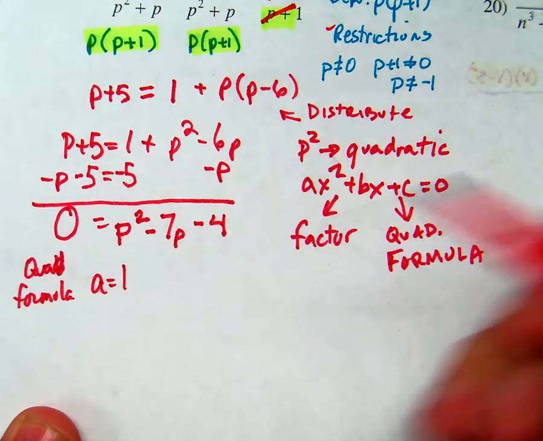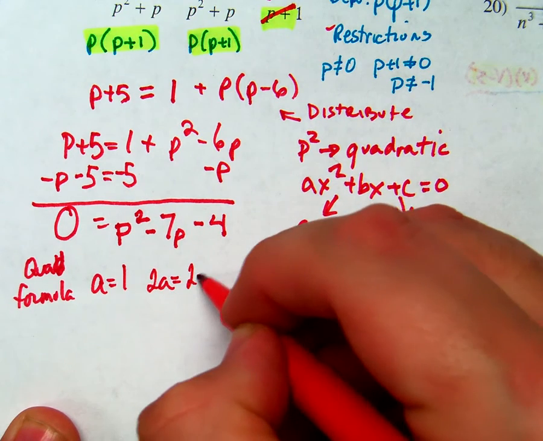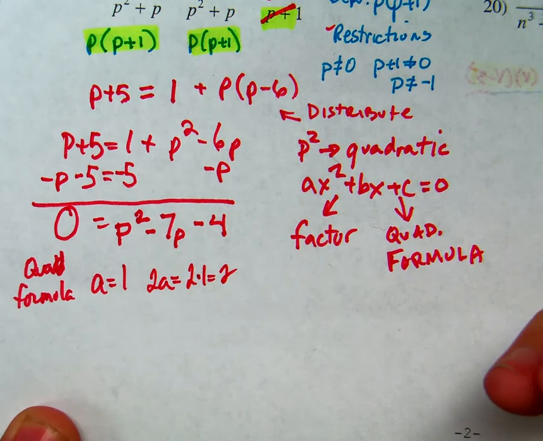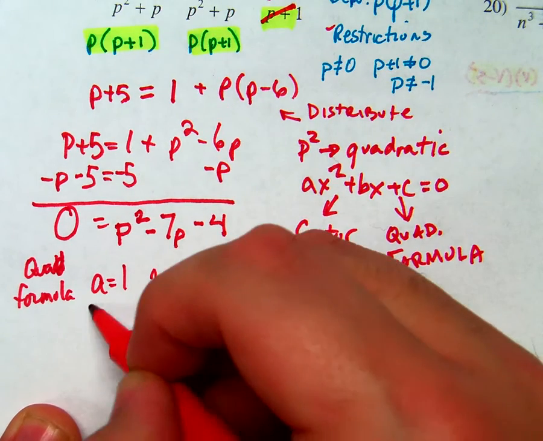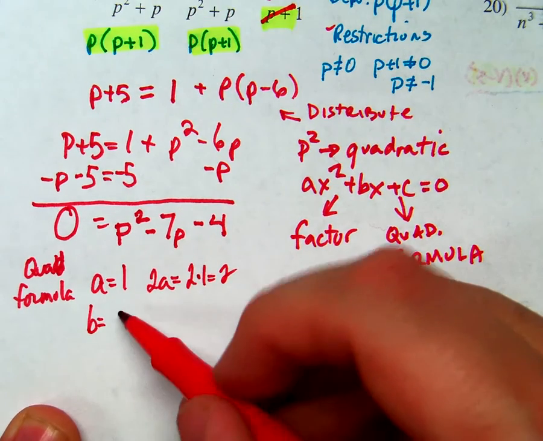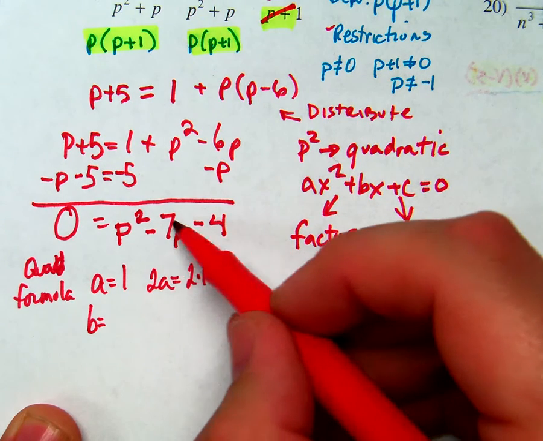So what's 2a? 2 times 1, which is 2. So what's b? B is the second number, which is negative 7.